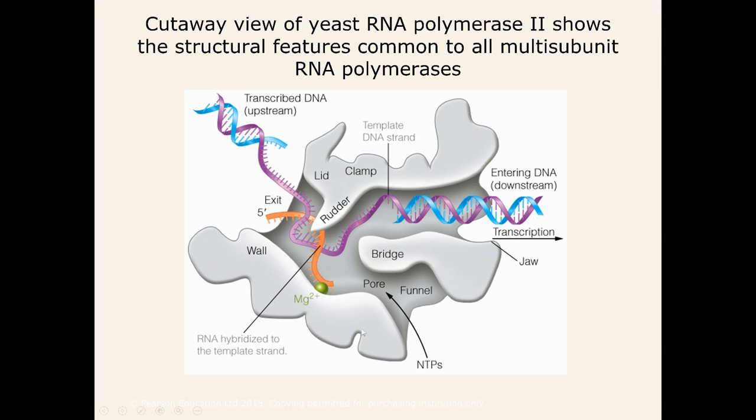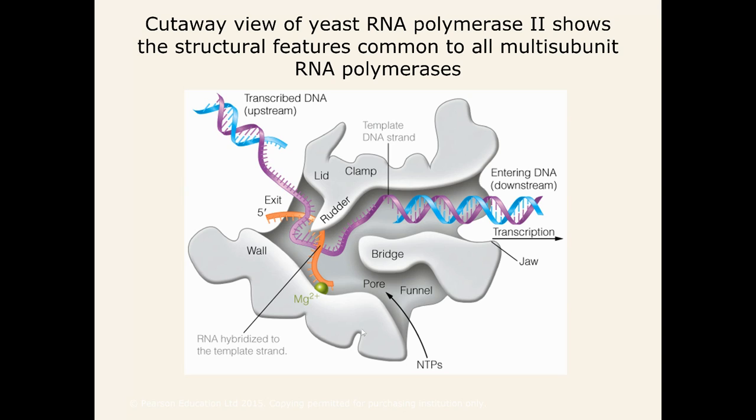This gives you a feel for the inside of a yeast RNA polymerase 2. It shows some common features. There has to be room for the DNA to come in there.